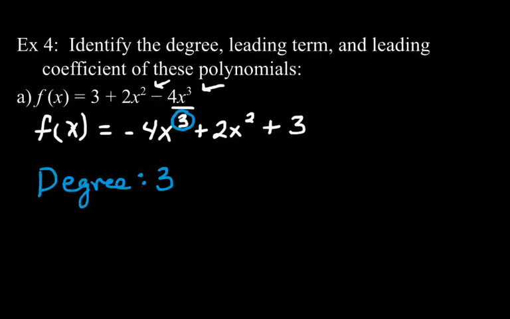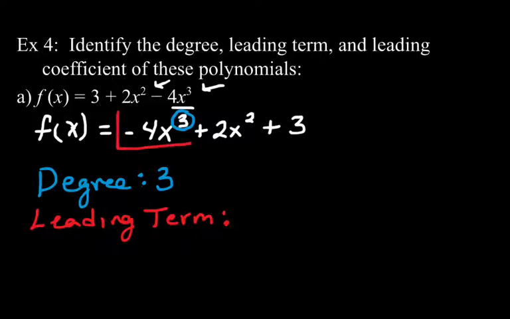Next, we want to identify the leading term. So the leading term is the term that contains the highest powered exponent. And so that's going to be the negative 4x cubed. It's that whole term. Remember, a number times x to a power.